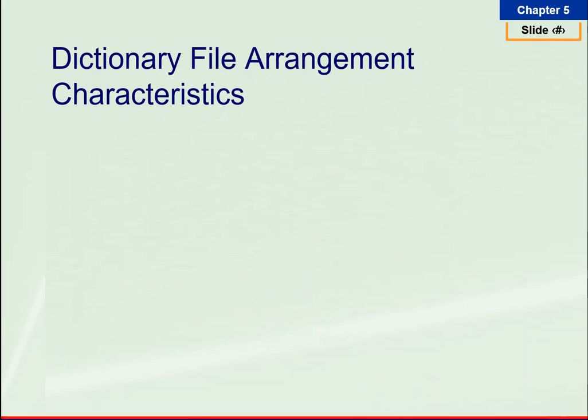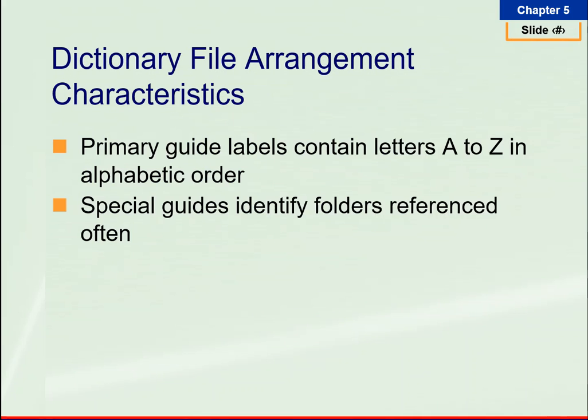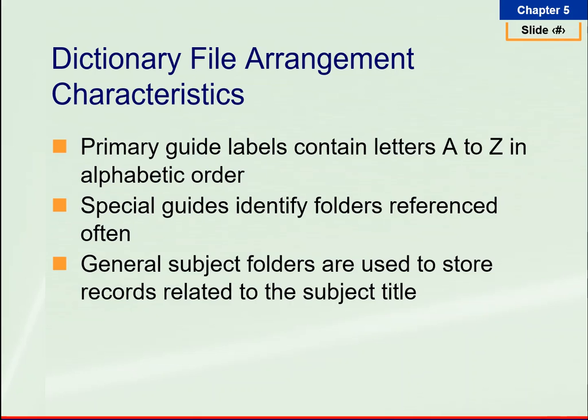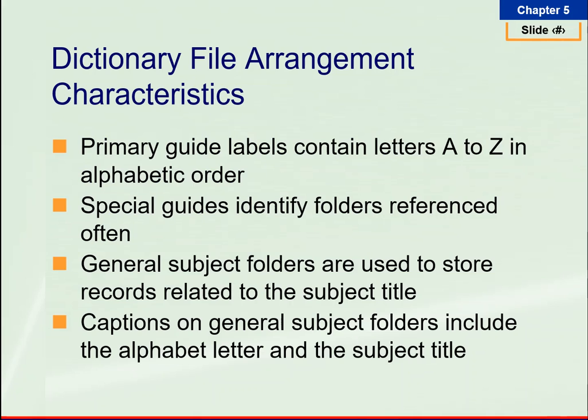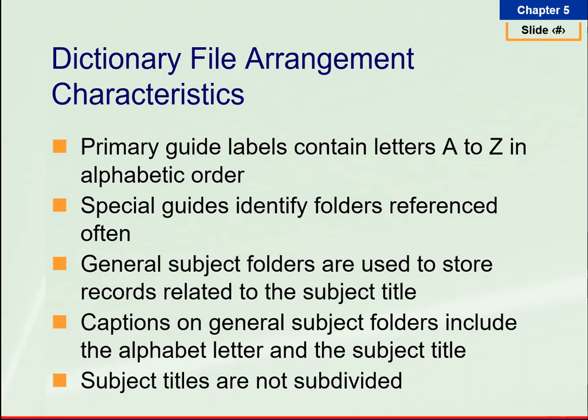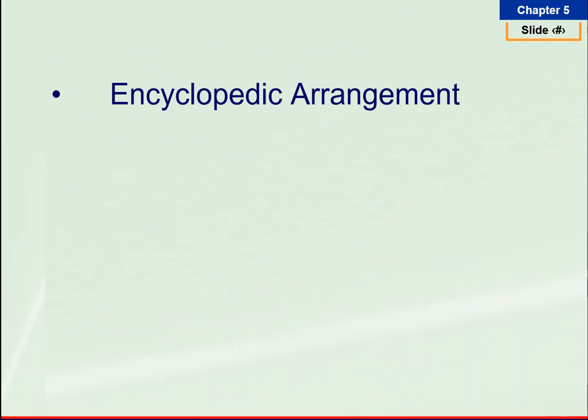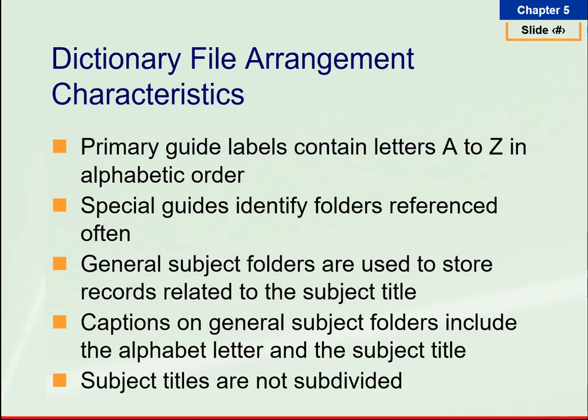Now, what are the characteristics of dictionary file arrangement? The primary guide labels contain letters A to Z in alphabetic order. We have seen this previously in our sample in the drawer.